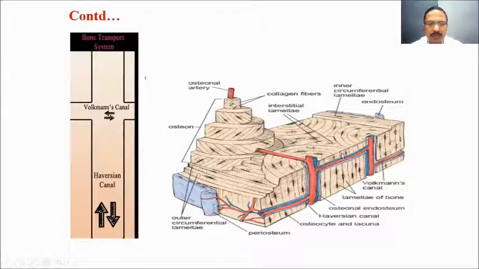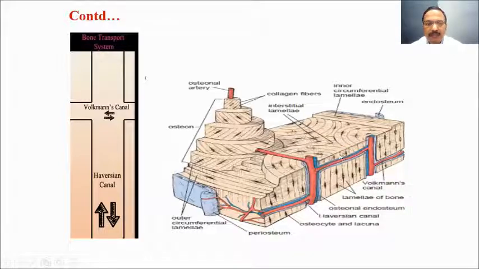So through this Volkmann's canal and the Haversian canal, blood vessels and lymphatics as well as nerve fibers reach the cells, which are otherwise not able to get nutrition by diffusion. As we see in cartilage, the matrix allows the diffusion of substances.